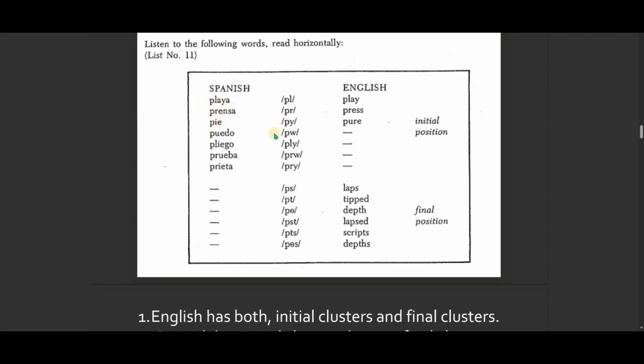PY. In this case, when we say pie, the phoneme is represented by PY, same as PUE. The phoneme is represented by PW. It's still a cluster, right? PLY, PRW, PRY.